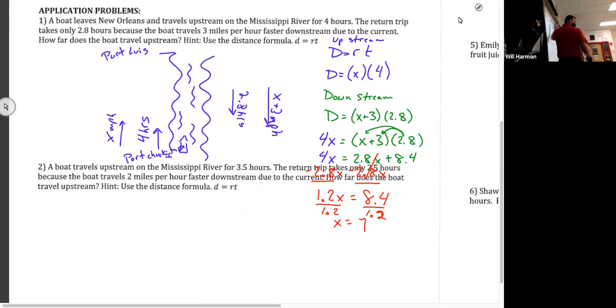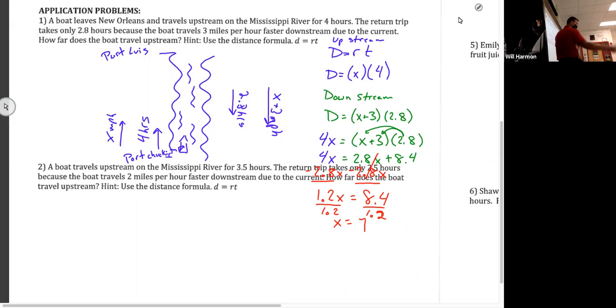So we're going upstream and downstream, right? The distance upstream from Port Chucky to Port Louis is the same distance as Port Louis to Port Chucky, right? It doesn't matter, right? Upstream, downstream, it's the same distance. So in the problem, it says it takes 4 hours to go from Port Chucky to Port Louis, and you're going at x miles per hour. It doesn't tell us how fast we're going.